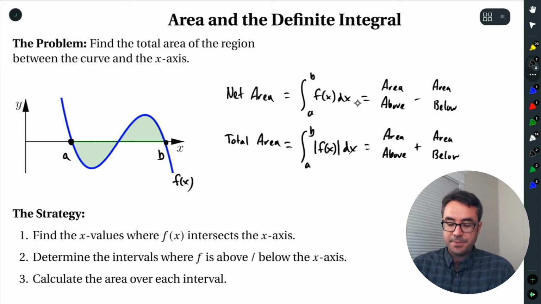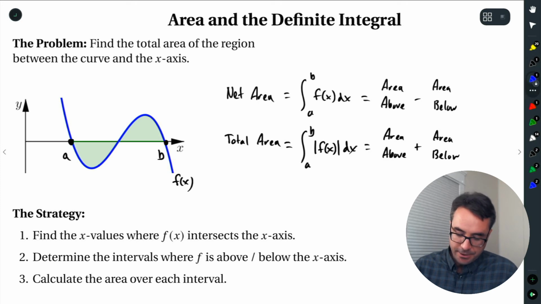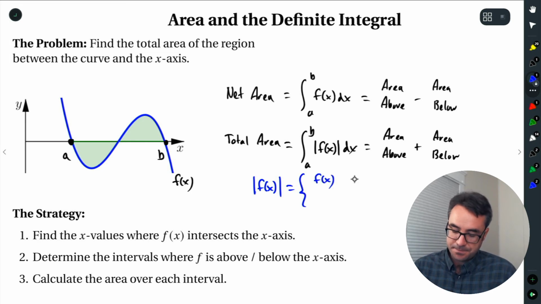So the net area is the area above minus the area below. The total area is the area above plus the area below. And the way to do that with a definite integral is by integrating the absolute value function. Just a reminder, the absolute value of f of x is a piecewise function. It's f of x if f of x is greater than or equal to 0, and it's negative f of x if f of x is less than 0.